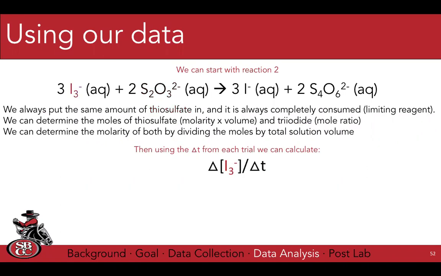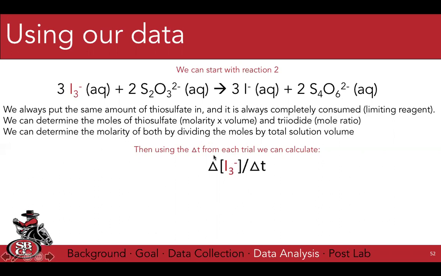So then we know the delta T. I just explained how we got that, final minus initial. So then we know how much triiodide was used up, same each time. Remember, same each time, no matter how fast the first reaction goes, we'll always have the same concentration of triiodide at the end point. But the delta T will be different.